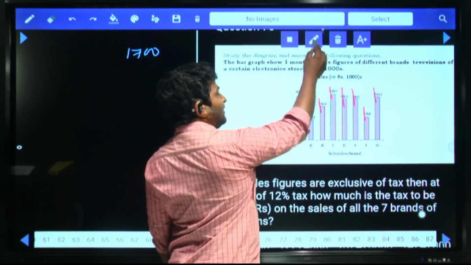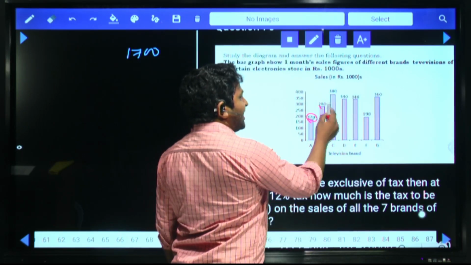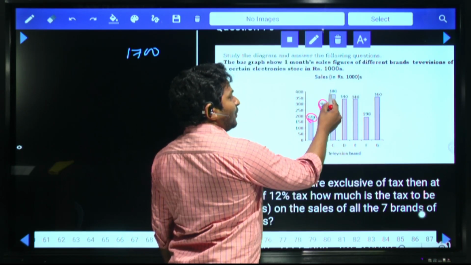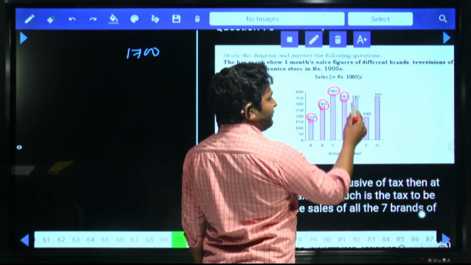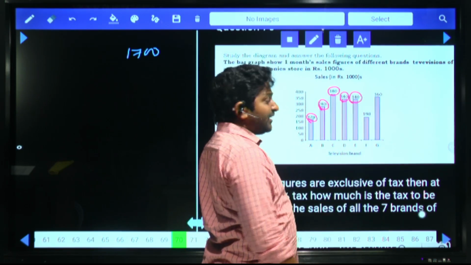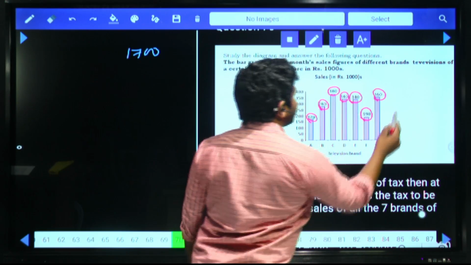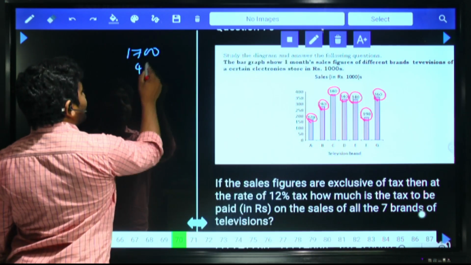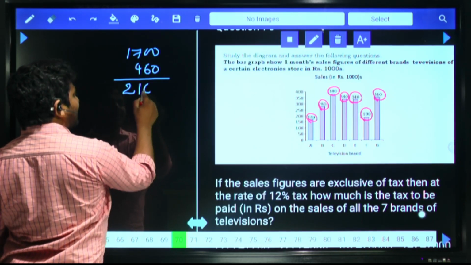And then tens places: 70, 80, 150, 150, 80, 230, 230, 40, 270, 270, 40, 310, 310 plus 90 is 400, plus 60 is 460. So this is our total value, which is equal to 2160.